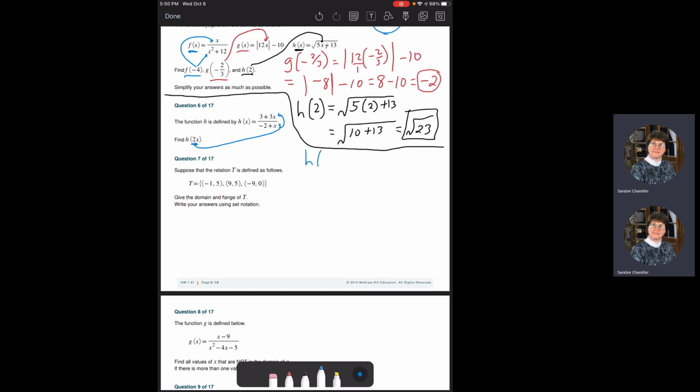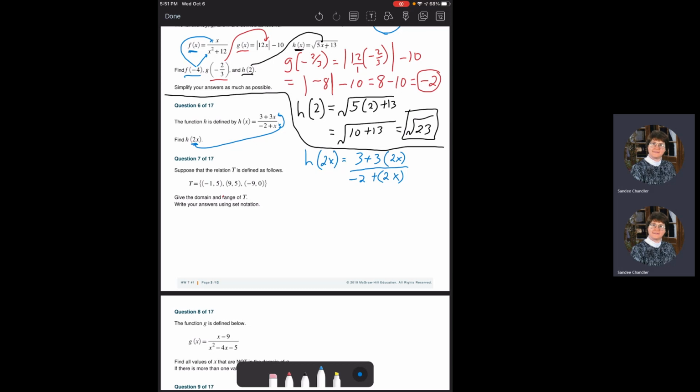So h of 2x equals 3 plus 3 times 2x over negative 2 plus 2x.